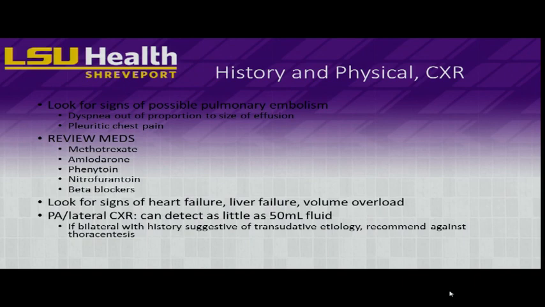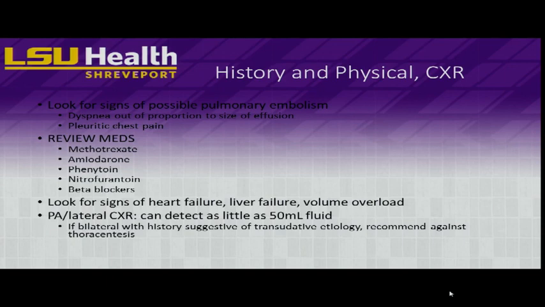Another big thing is medications. There are several medications listed here that are well known to be associated with pleural effusions. And then you also want to look for signs of causes of transudative effusion, so things like heart failure, liver failure, volume overload, renal failure.